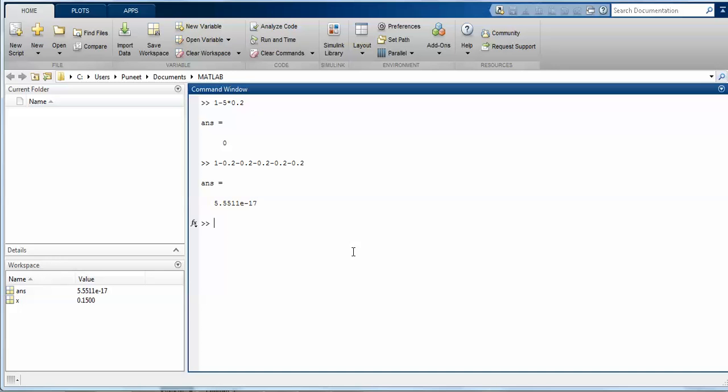It is only 10 raised to the minus 17 accuracy, so it is not very much deviated, but still it's not giving 0. The problem is the conversion of 0.2 and the approximation used by MATLAB, it will not give you 0 if you are using this type of syntax. So you must be aware of this first, and once you do the calculation, you must take care of all such things.